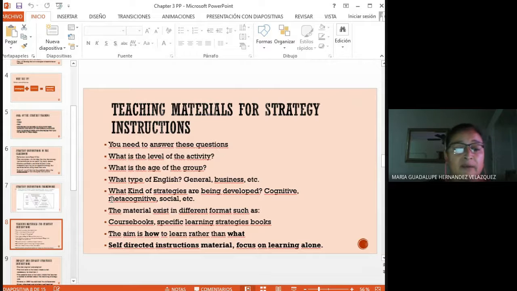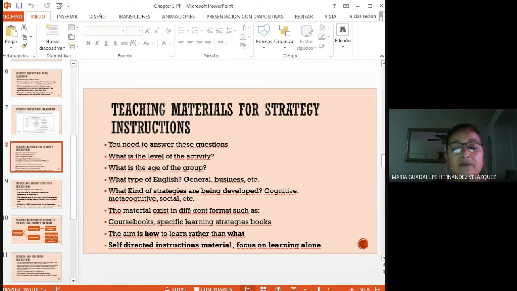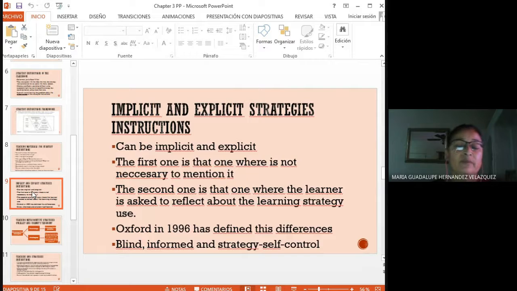Self-directed instruction materials are focused on learning alone. As I told you before, they are going to develop maybe their own strategy, or use those that already exist.